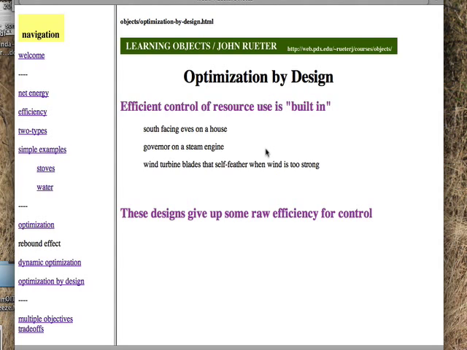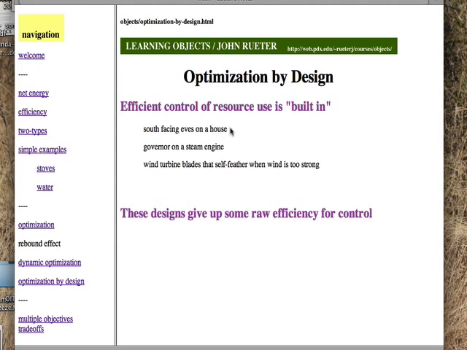So these designs actually give up some of that raw efficiency for control. And anytime you see a good design, it probably has this loss of raw efficiency. For example, if you want to heat your house the best in the summer and in the winter from the sun, you might have no eaves, so you catch all the light. Well, then during the summer, that's a bad plan.